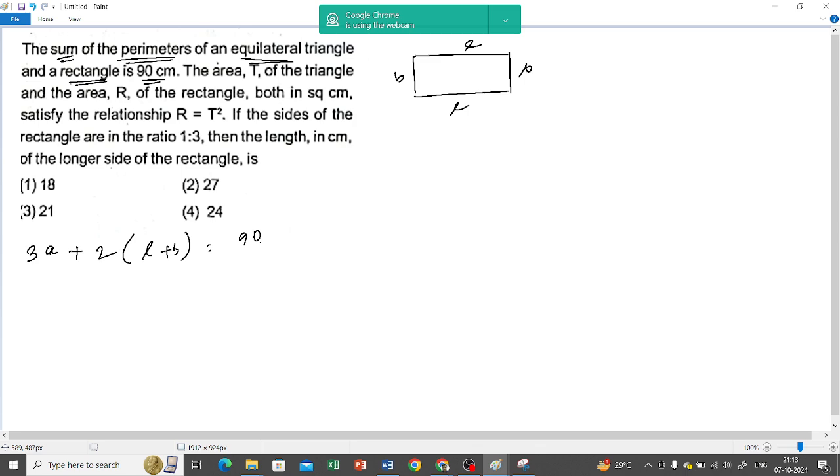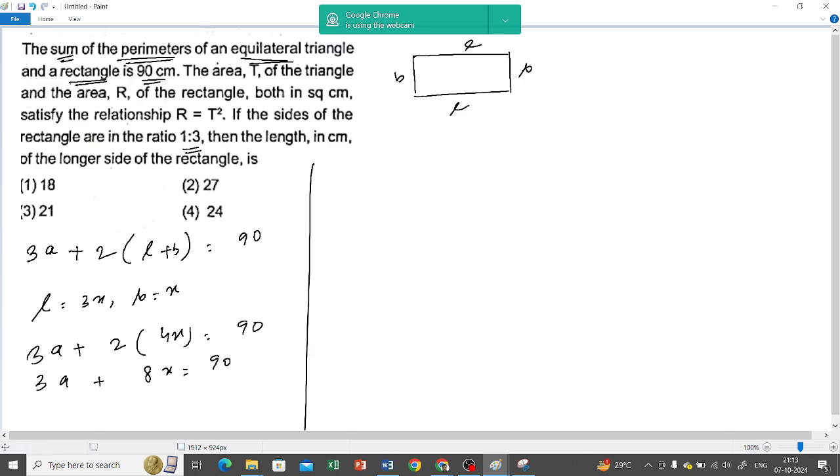Now if you come to this information, the sides of the length are in the ratio 3 by 1. Okay so that means if the length is 3x the breadth is x. Why length I took 3x? Because of course length is the bigger one. So now if I fuse it back over here, that will give me 8x equals to 90, so 3a is equals to 8x equals to 90, right? So let me keep it till here.